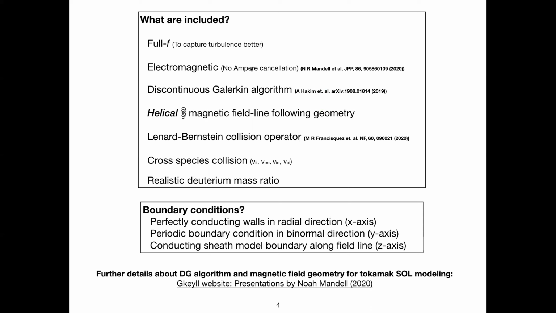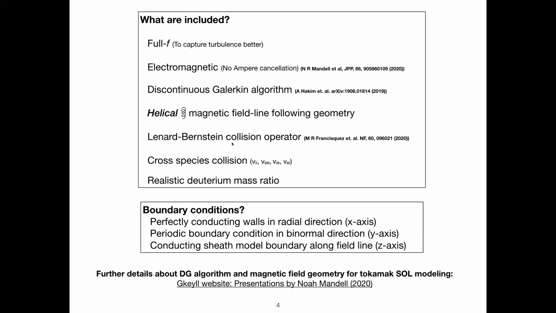Our algorithm does not suffer from any Ampere cancellation. Further details about our electromagnetic gyrokinetic algorithm can be found in Noah Mandel's JPP paper in 2020. We simulate the SOL plasma with a discontinuous Galerkin algorithm for better accuracy, and the helical magnetic field line following geometry helps us reduce our simulation cost by a significant amount.